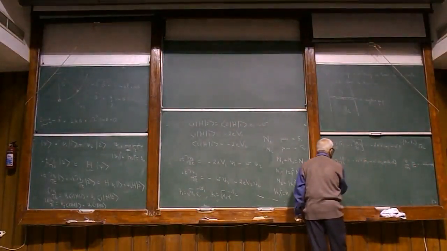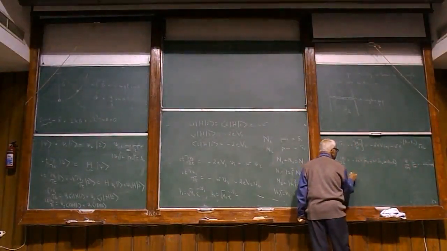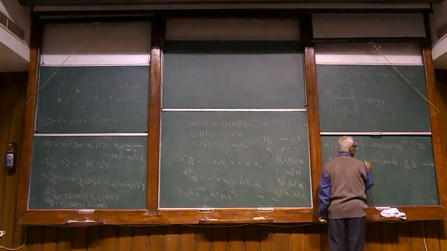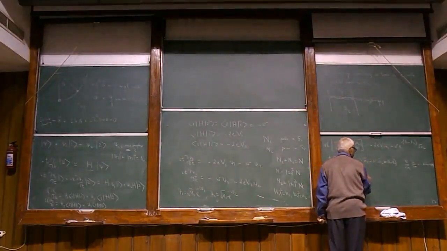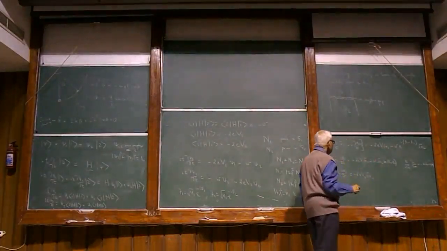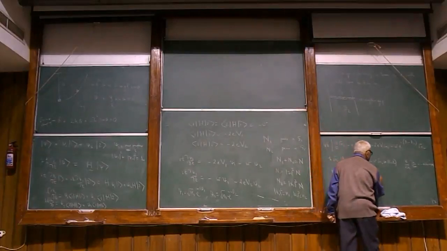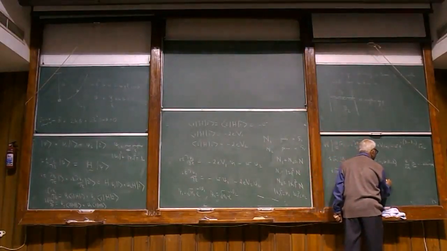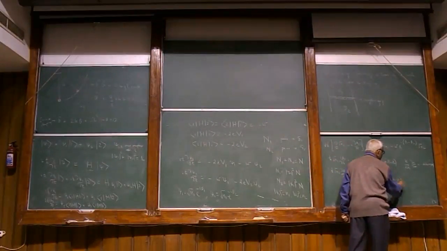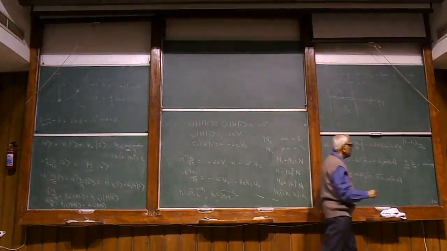Same thing with h bar square root of n2 del theta 2 del t is minus 2e v2, this should have been v1, minus 2e v2 square root of n2 minus w square root of n1 cosine theta 2 minus theta 1, which is the same as theta 1 minus theta 2.